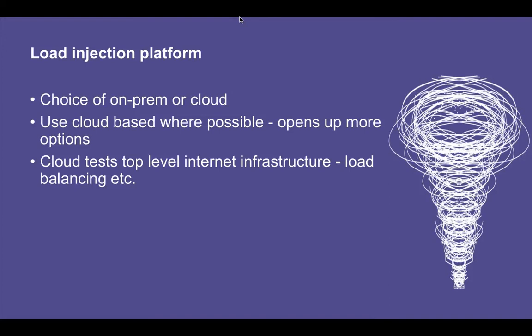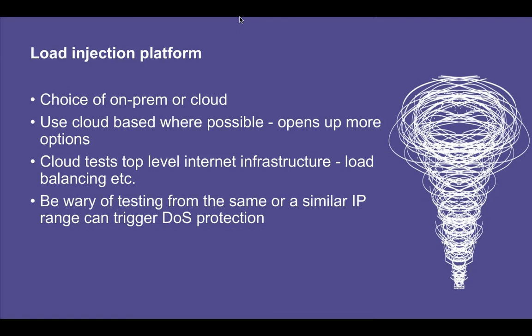Sometimes you do need to be wary if you're testing from an IaaS provider in terms of how the firewall interprets that load. If it thinks there's a lot of load coming from a fairly fixed IP range, it may interpret that as a denial of service attack, and so it may start rejecting traffic from that.